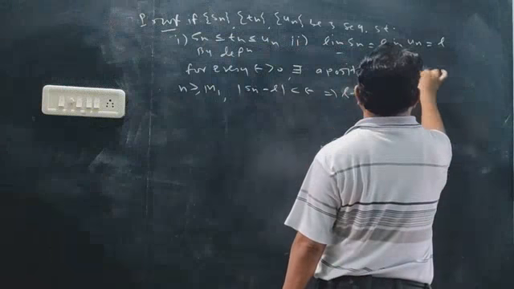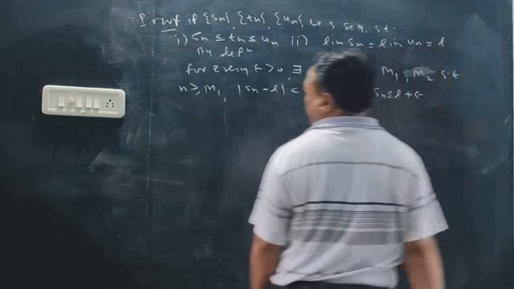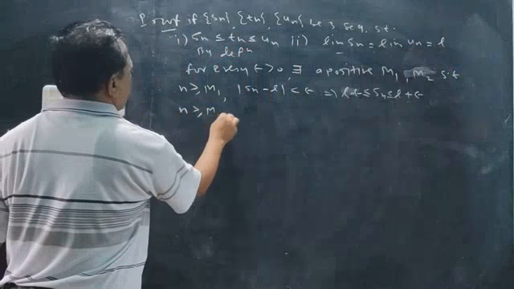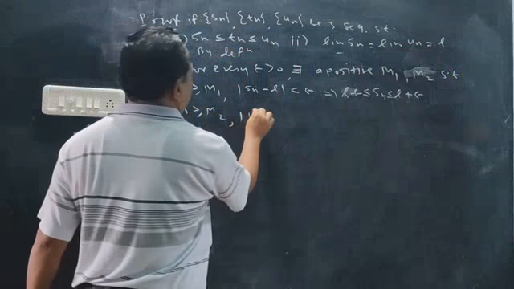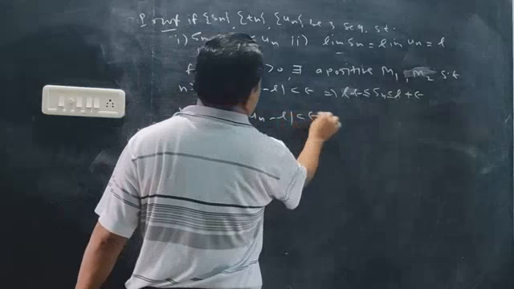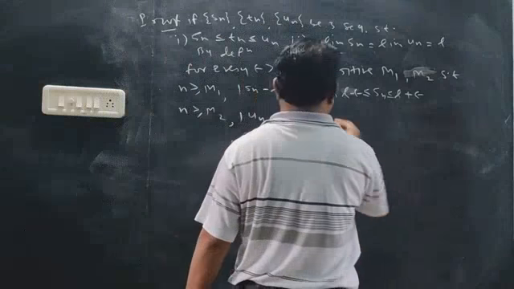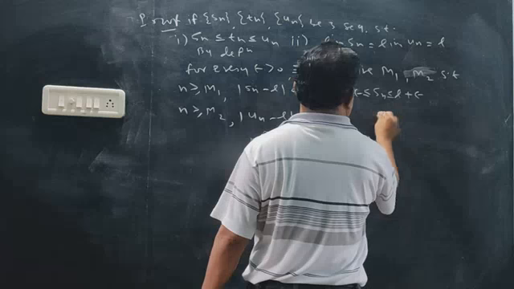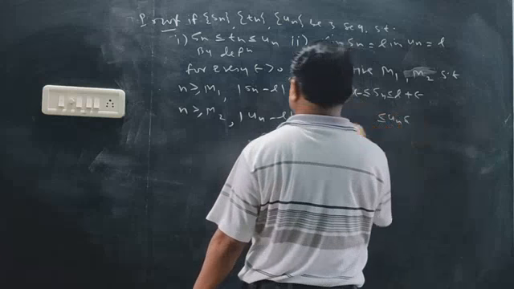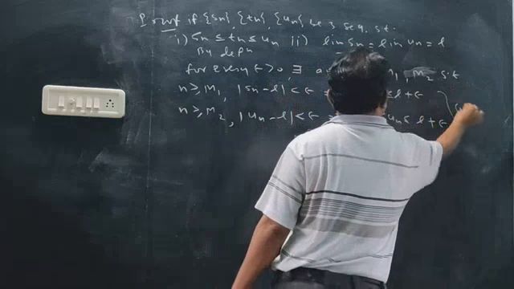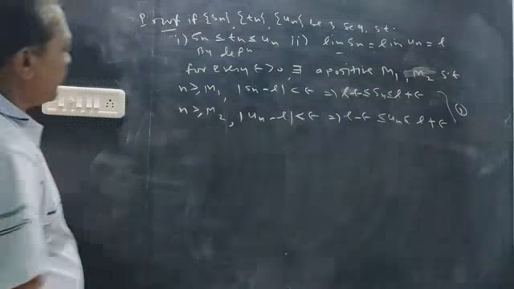M1 and M2 both we use. Also for the second, for n greater than M2, we have mod of Un minus L is less than epsilon. That means Un lies between L minus epsilon and L plus epsilon.